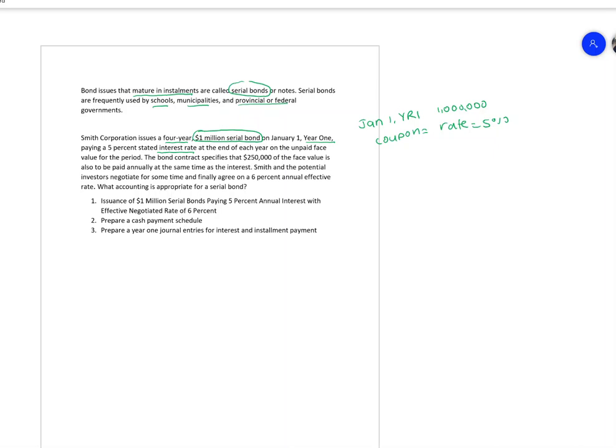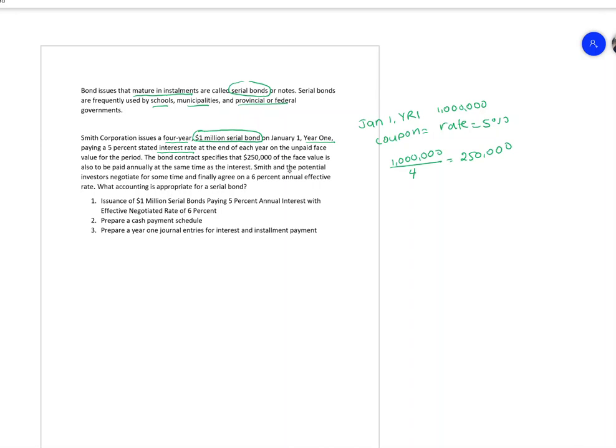Year one will be due on December 31st, year two on December 31st, and so on. It's a 1 million bond with installments over 4 years, so the life of the bond is 4 years. We're going to make a 250,000 payment, plus an interest payment at the end of the year.